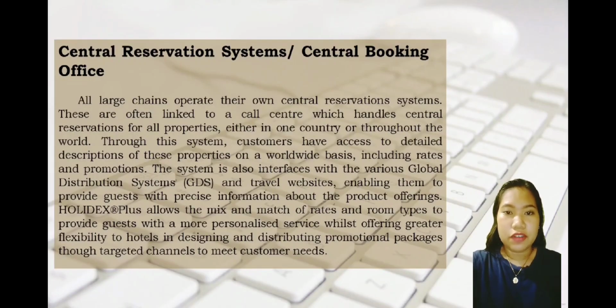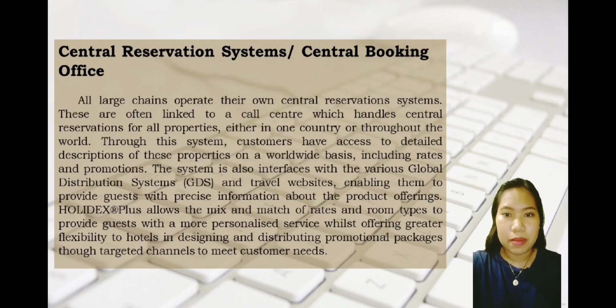What is a central reservation system or central booking office? All large chains operate their own central reservation systems. These are often linked to a call center which handles central reservations for all properties, either in one country or throughout the world.